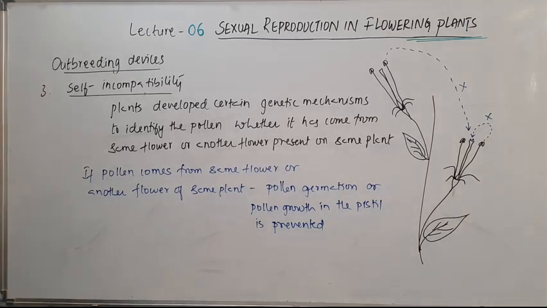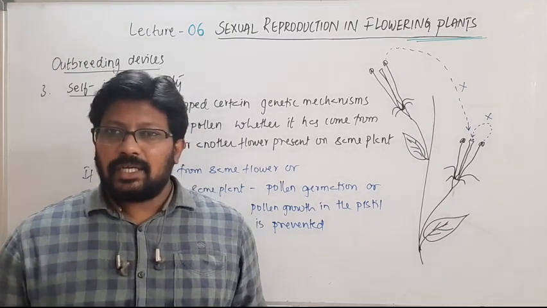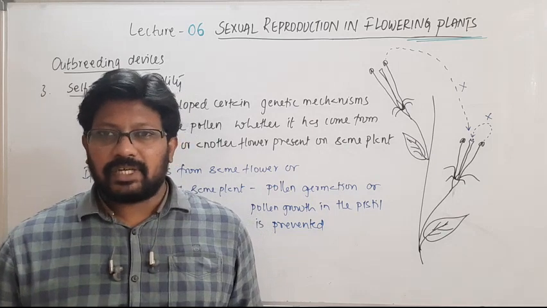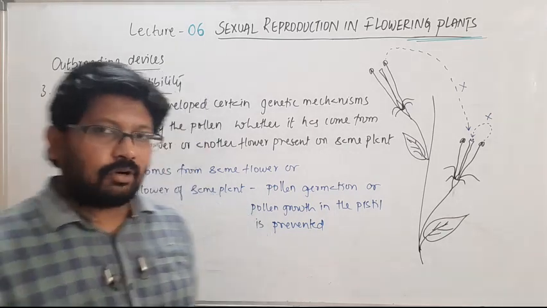This is what we call self-incompatibility, and it is another outbreeding device which helps in preventing self-pollination and favors only cross-pollination.